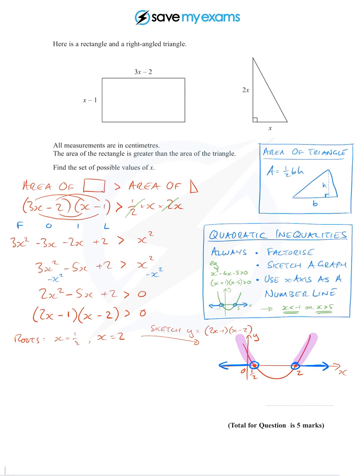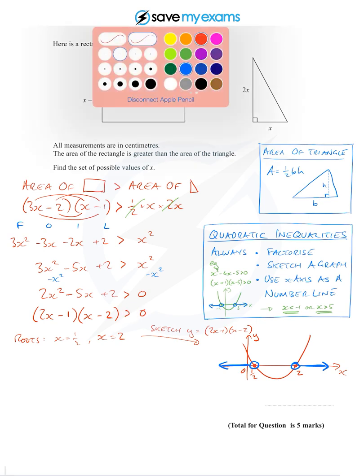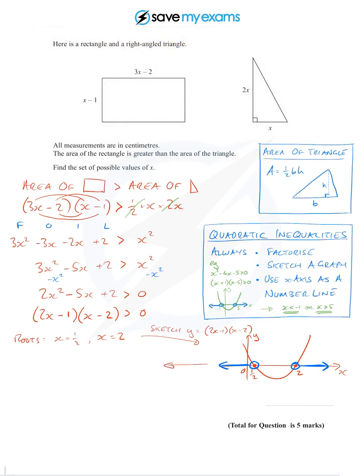And so I've indicated on the graph the values of x for which the graph is above the axis, in other words, for which 2x minus 1 times x minus 2 is greater than 0. So we can see, or we can say from our graph now, that the solution of our original inequality is, well, x is less than a half, or x is greater than 2.